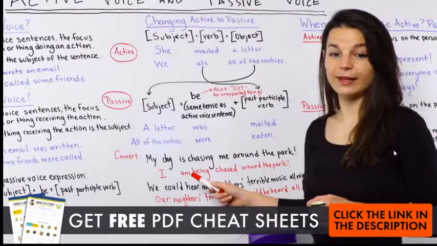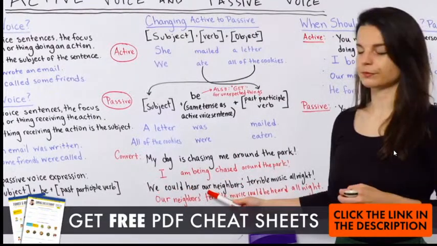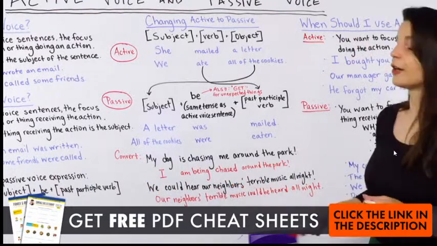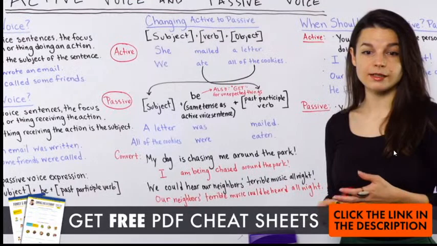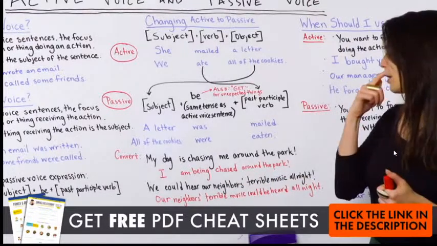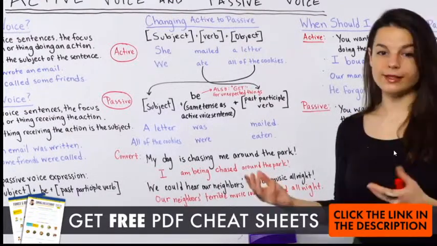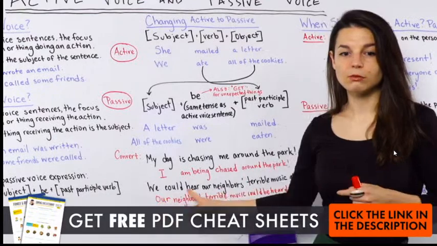All right, let's try one more example. We could hear our neighbor's terrible music all night. So my active voice sentence, we could hear our neighbor's terrible music all night. So again, same process. Where's my subject? Where's my verb? Where's my object here?